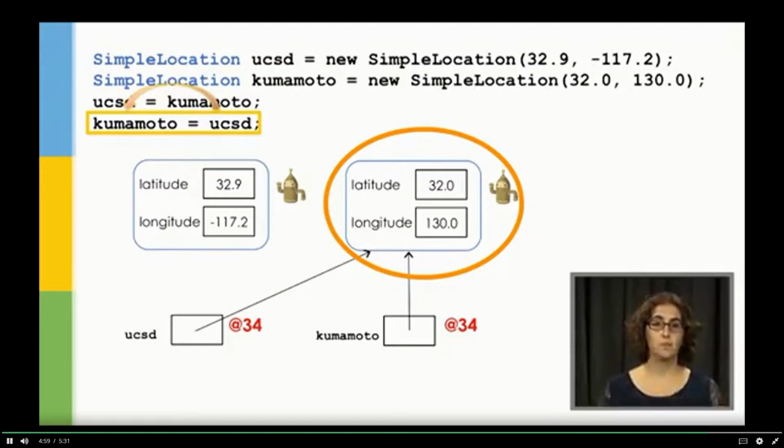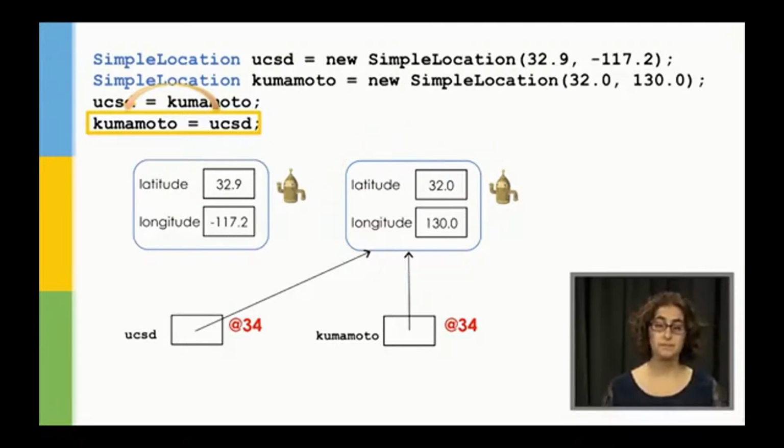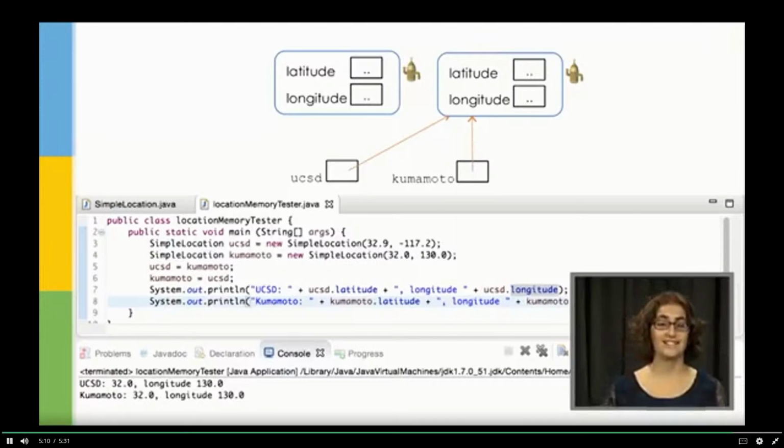It's saying copy at 34 to Kumamoto, and that was the previous value of Kumamoto as well. So at the end of executing this line of code, if we were to test it using the strategy we talked about before, by putting it in the main method of a class and then running that piece of code, we see that both UCSD and Kumamoto point to the same object with the latitude and longitude variables set as we did when we constructed the Kumamoto object.